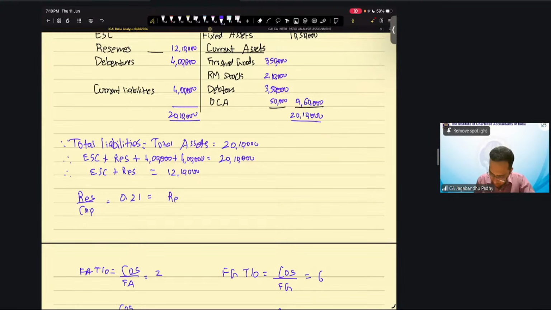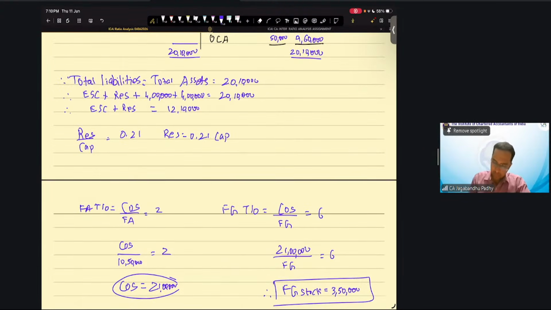So it is reserves upon capital is 0.21. So we can say reserves should be equal to how much? 0.21 capital. So let us substitute this as equity share capital plus 0.21 equity share capital is equal to 12,10,000.